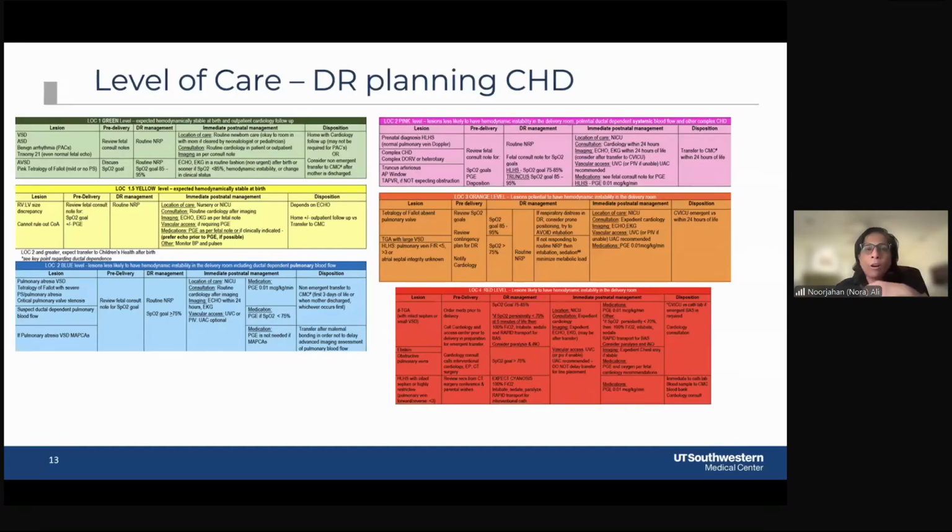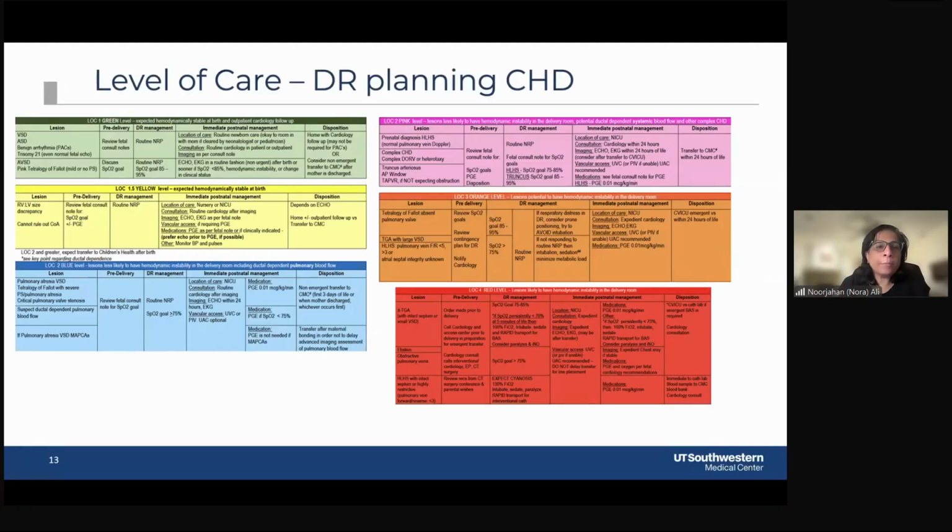With our fetal cardiology team and our CVICU team, we have created these, quote unquote, level of care plans, because our institution covers a lot of other sites. Our patients are coming two, three, four hours away. So we can't expect a TGA that's coming four hours away to get the same pre-delivery care compared to one that's 20 minutes away.